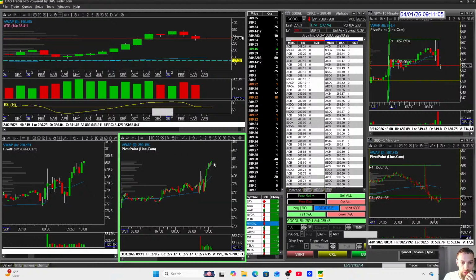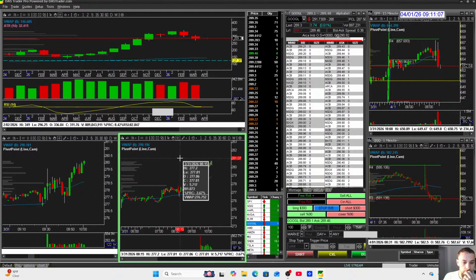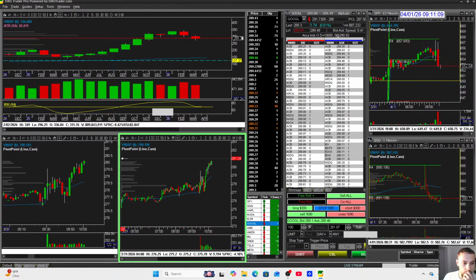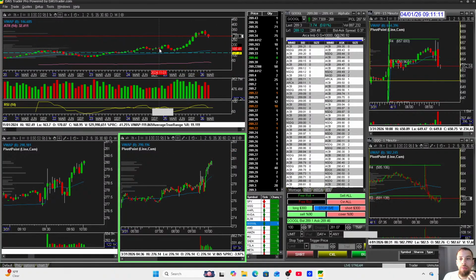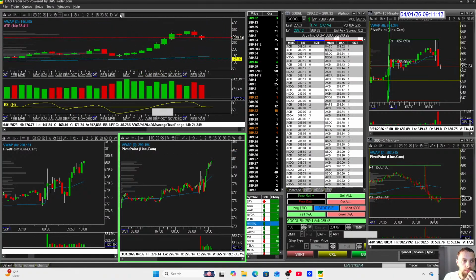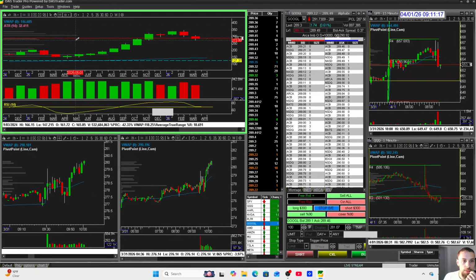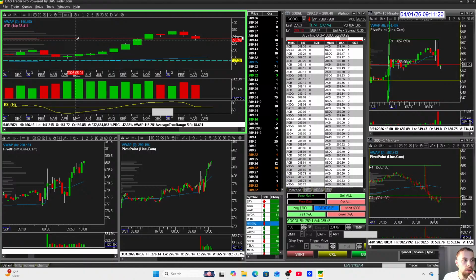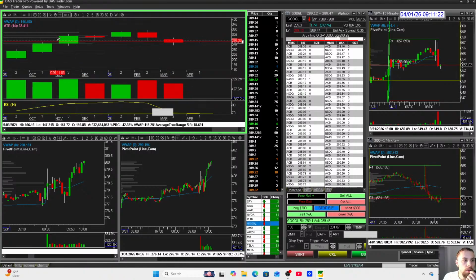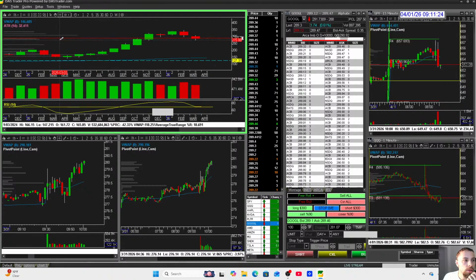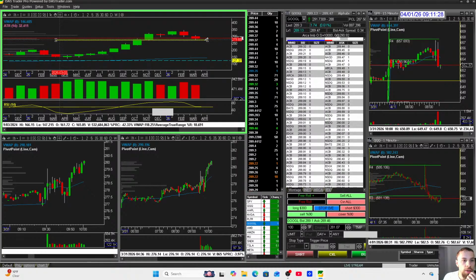Google. Let's see, 3 minute. Area of support on Google here. I'm gonna do 279, 280.